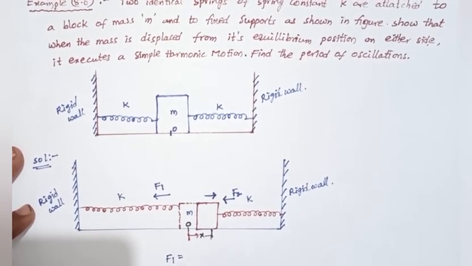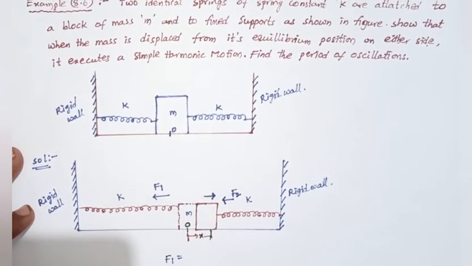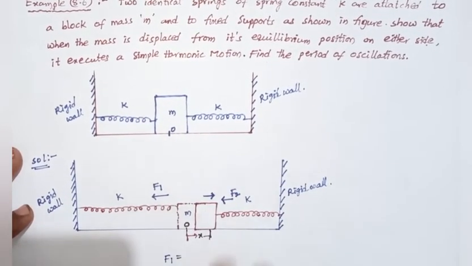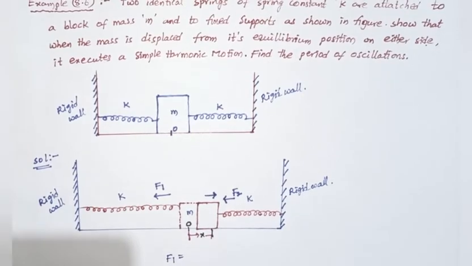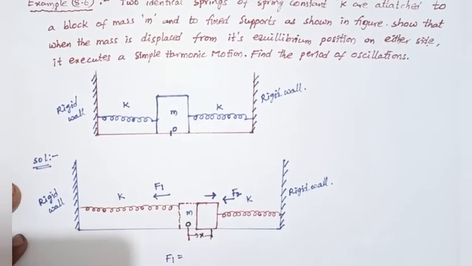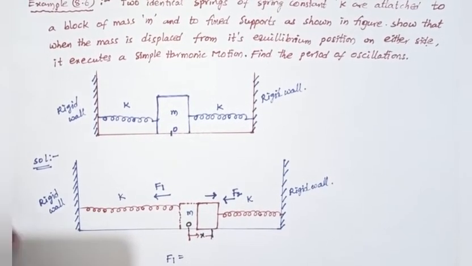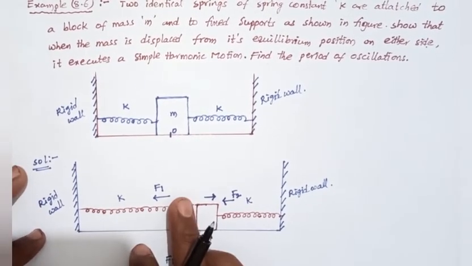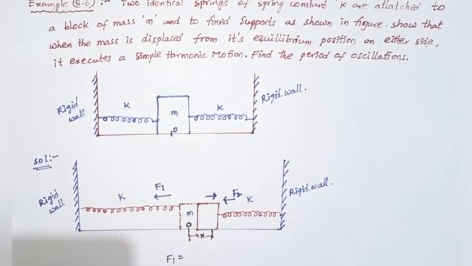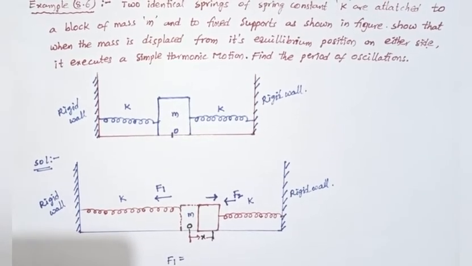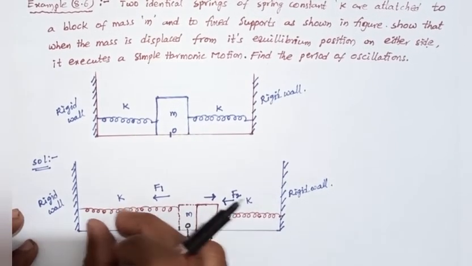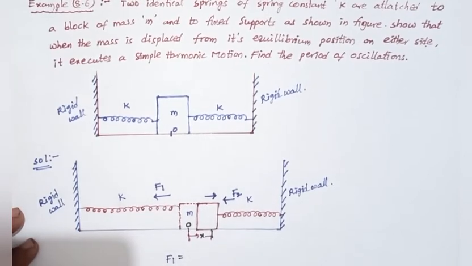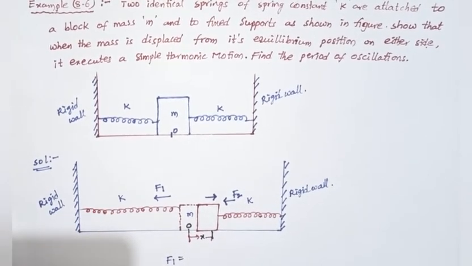F1 equals the force on the body due to the first spring. The force F1 is nothing but the force exerted by the spring on the left side, trying to pull the mass towards the mean position.